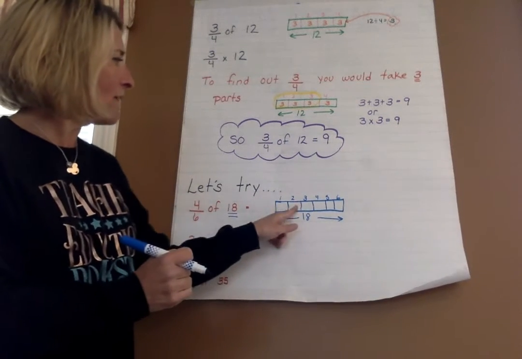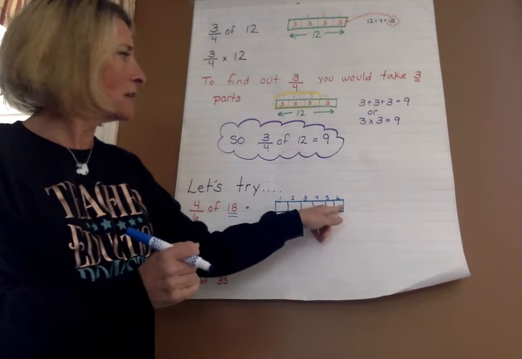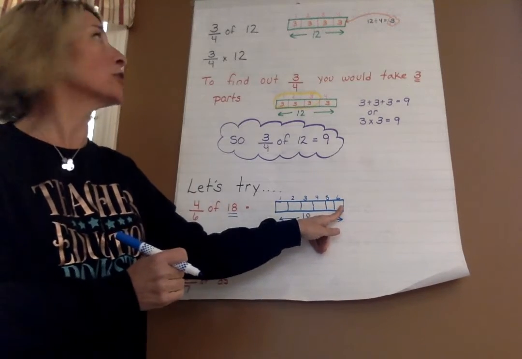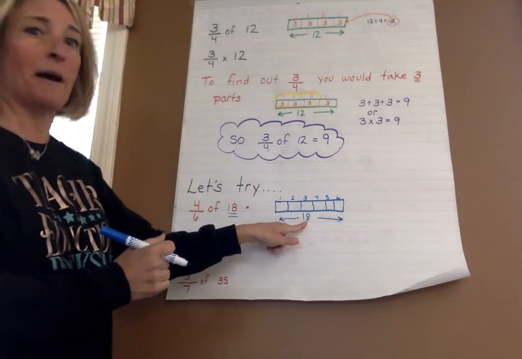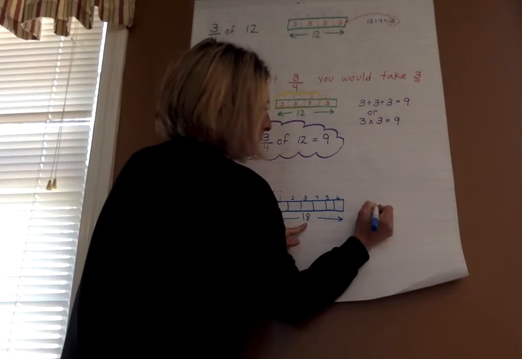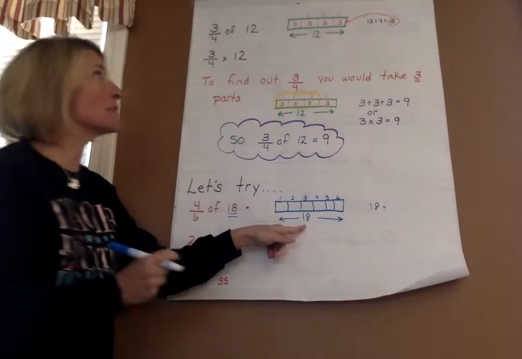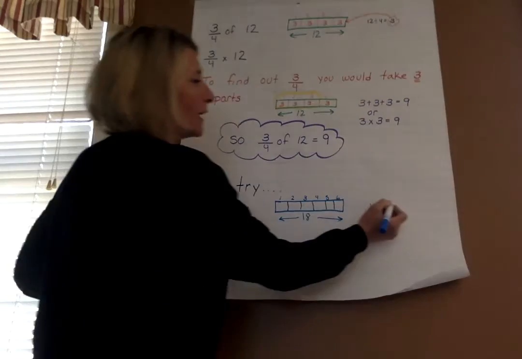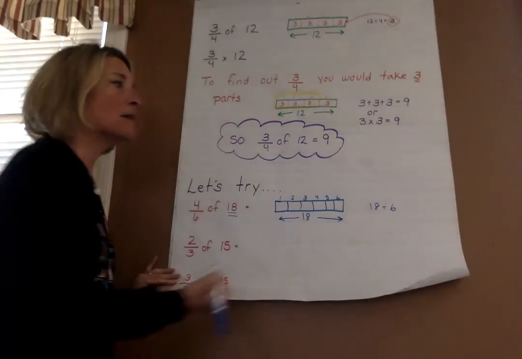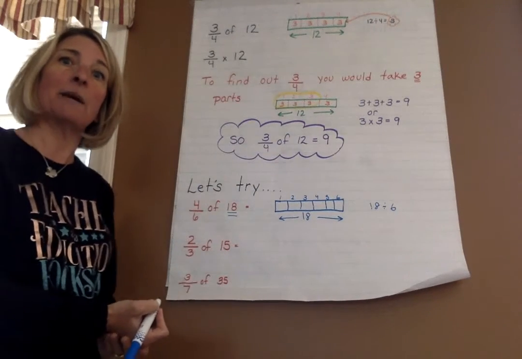So now how do I find out what each of these parts is equal to? Well, remember, we have to divide. So I'm going to take my total amount, 18, and I'm going to divide it by how many groups I created. So I created 6 groups. So I'm going to do 18 divided by 6.